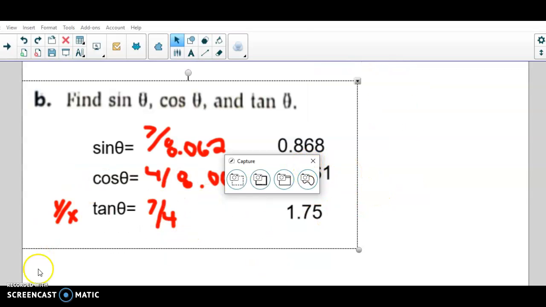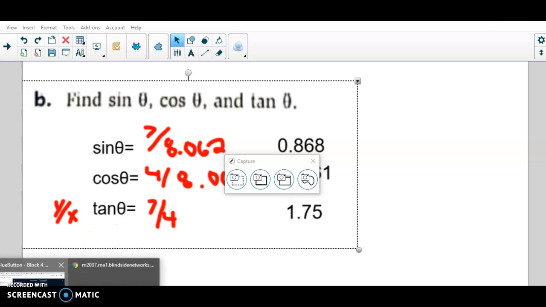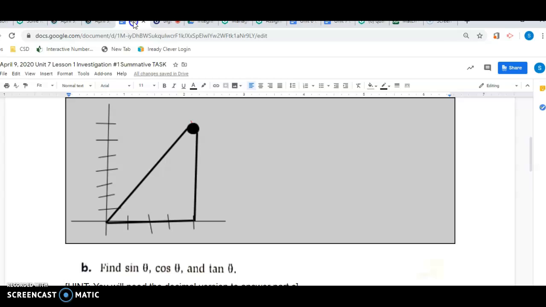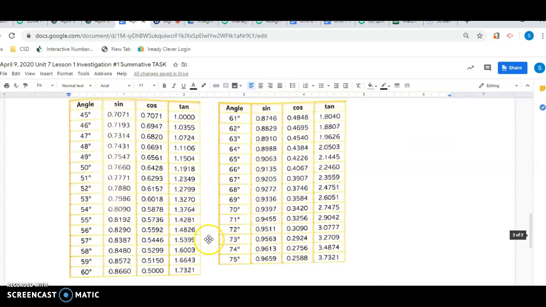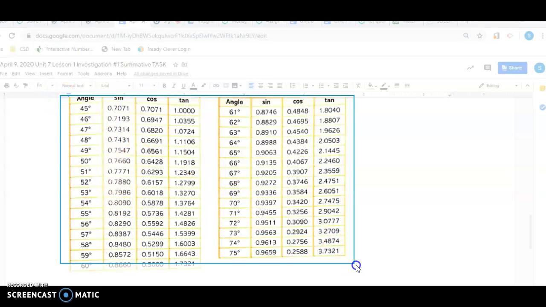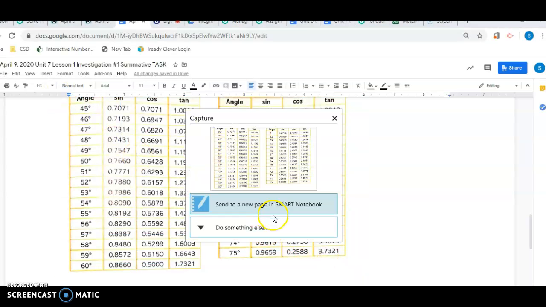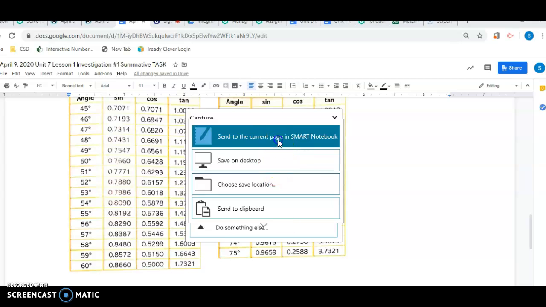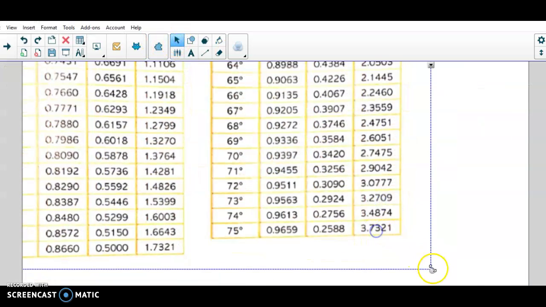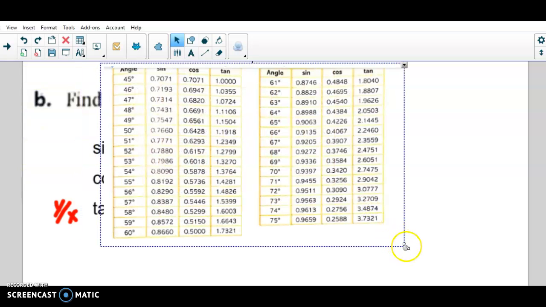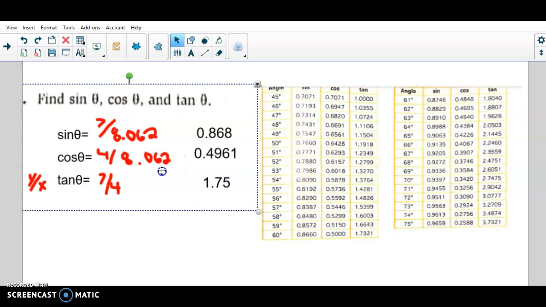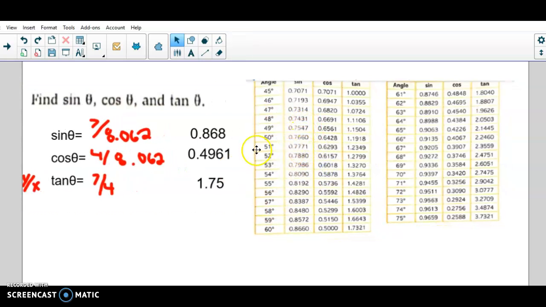Okay, and then look at our table. Let's go to the table I gave you guys. Right here, this table I showed you. Boom. Let's just estimate where we're at. We want to see where our sine is about equal to 0.86.